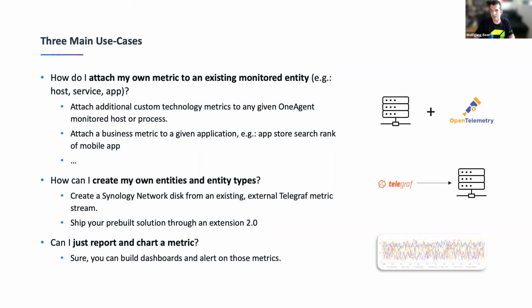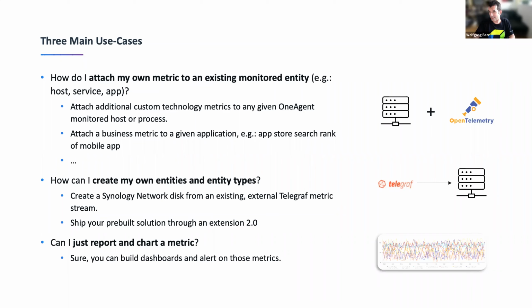And now you would like to attach additional information. So it could be, for example, that you would like to add OpenTelemetry information from a C++ kind of process and to stitch it to the OneAgent monitored service.